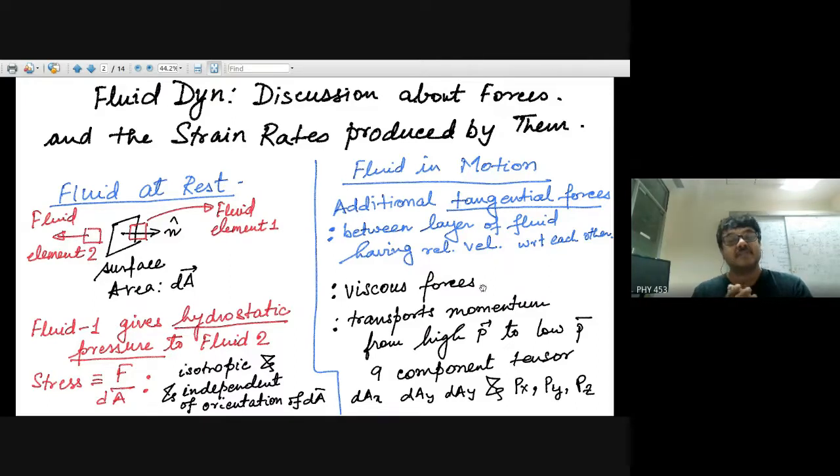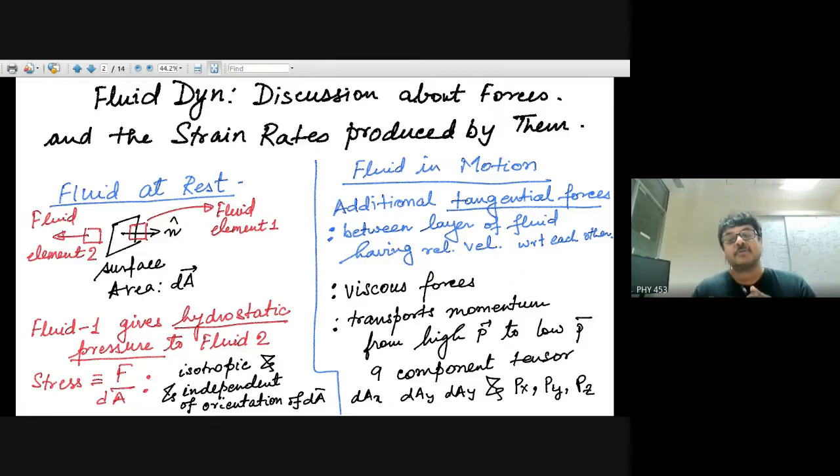And what do viscous forces do? Viscous forces transport momentum from a region of high momentum density to a region of low momentum density. And as we discussed in one of the previous classes, the kinematic viscosity, which is eta, the normal viscosity, divided by rho, is the diffusion constant of momentum transport, right?